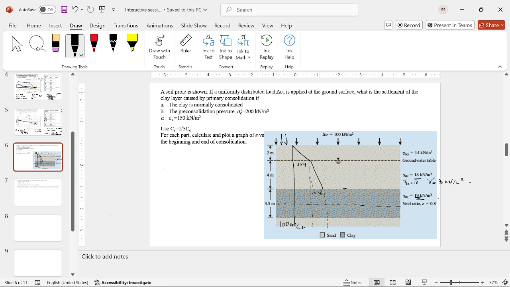Here we have 19, so we will have 9 kilonewton per meter cube. This will be 3.5 over 2, which will be 1.75, so 1.75 into 9.